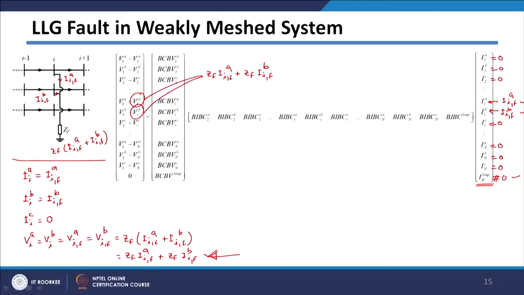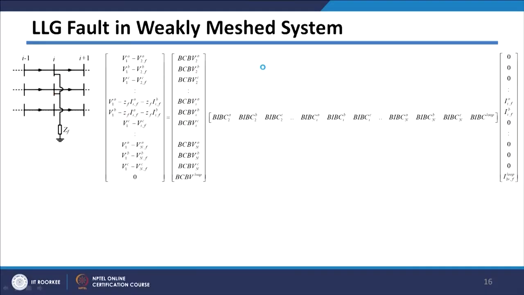So, if you replace these entries in this matrix, I will get this matrix here. These corresponding entries are just replaced in this row, and corresponding currents I have replaced in this column here. So, except these two currents IA and IB and branch currents in loop forming branches, all other currents are 0.